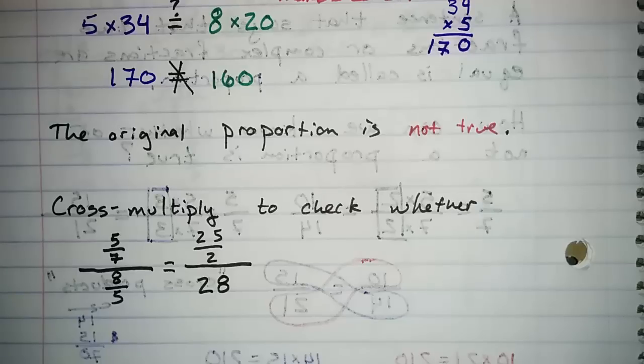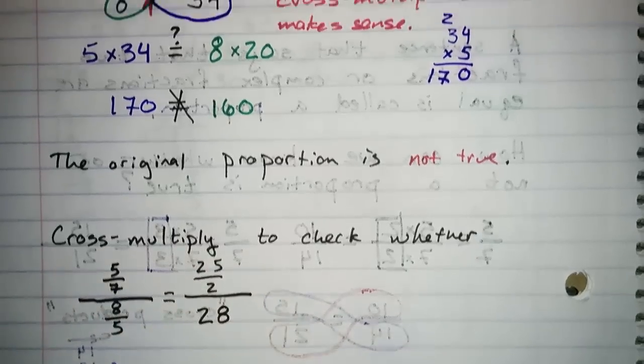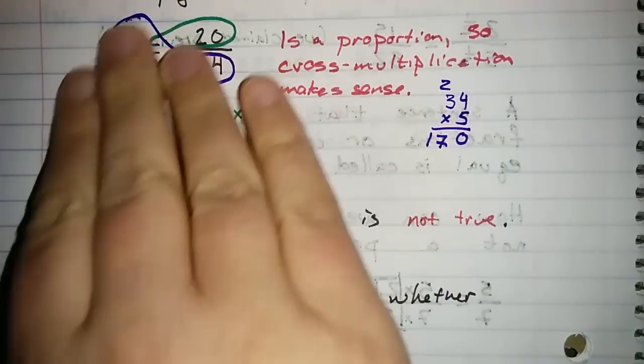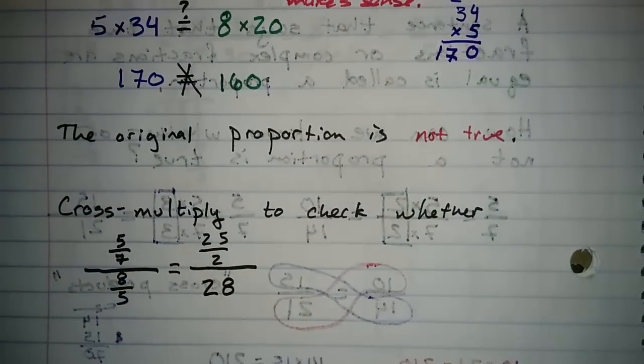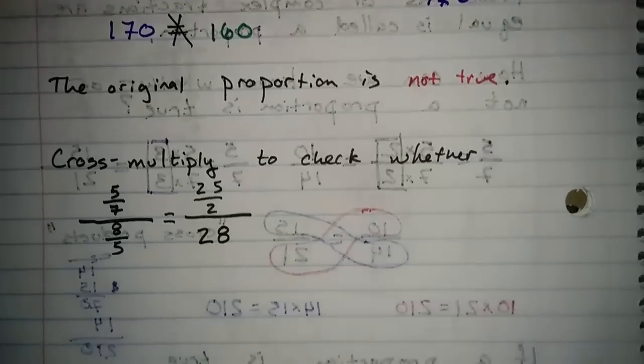So the only difference between this exercise and this exercise is that the multiplication down here is a little bit harder to pull off. Actually writing down the cross products, exactly the same.